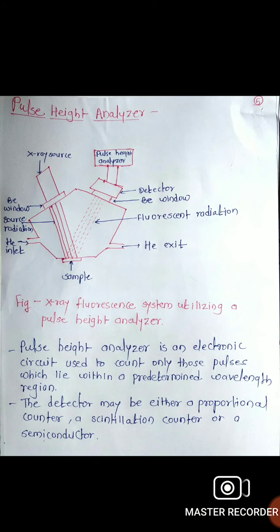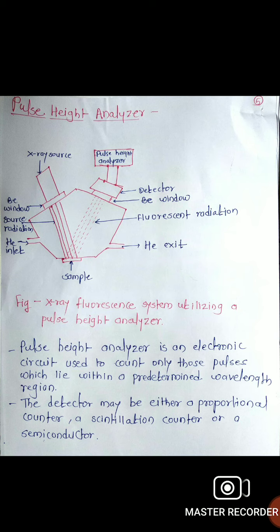This is the diagram of the X-ray fluorescence system utilizing a pulse height analyzer. The X-ray source falls the radiation on the sample. Then these radiations are diffracted and go towards the pulse height analyzer.